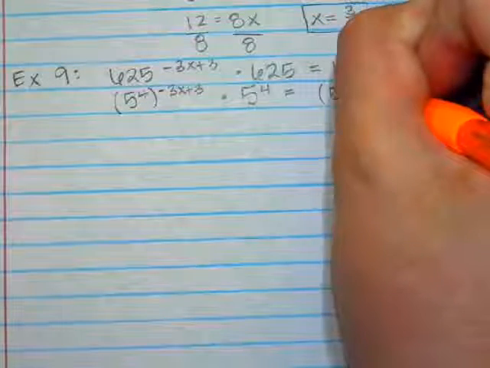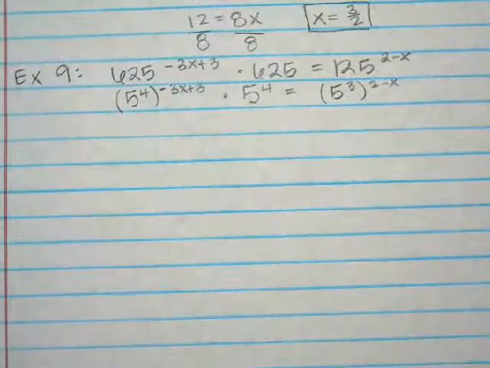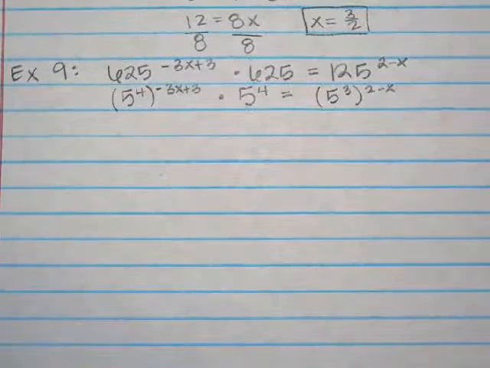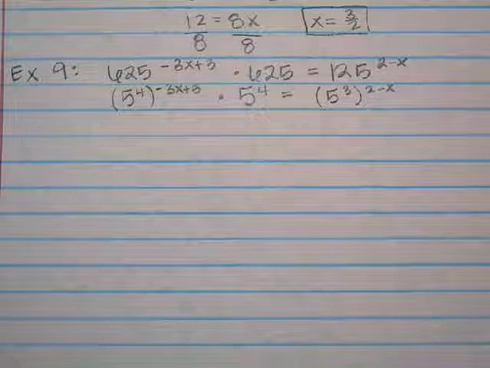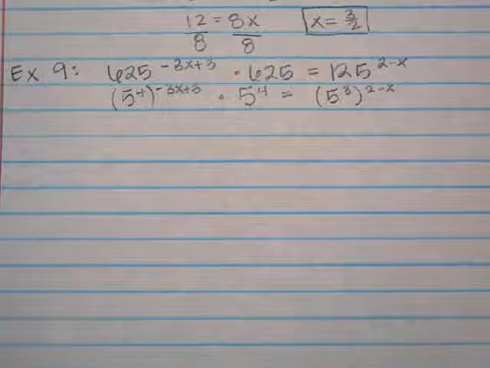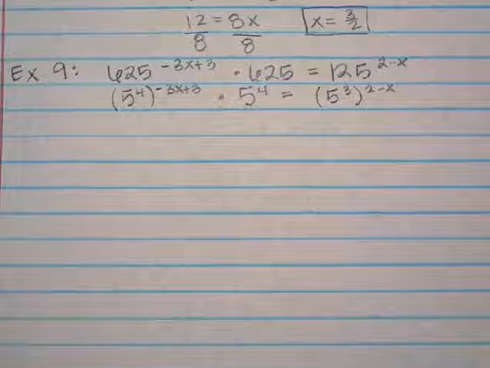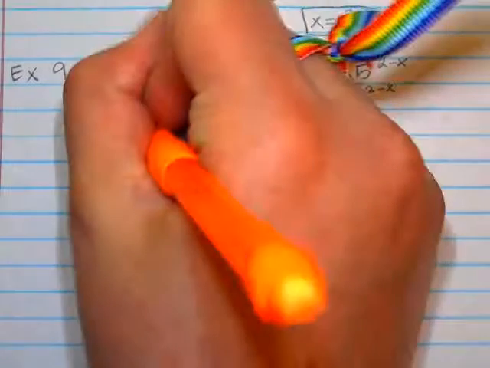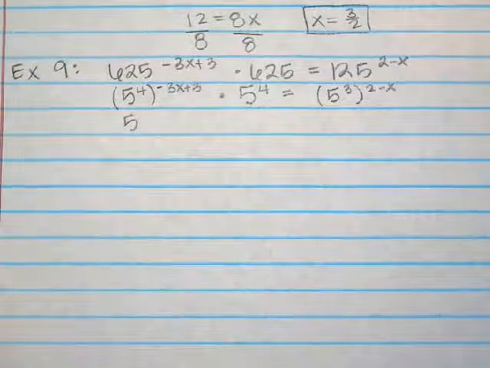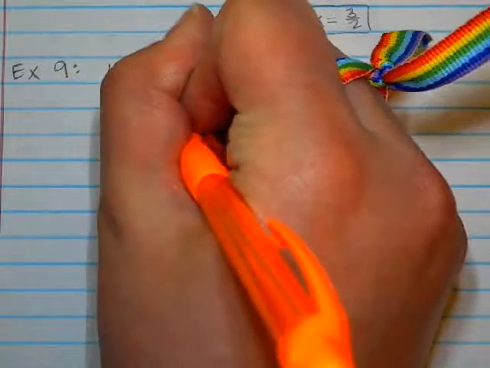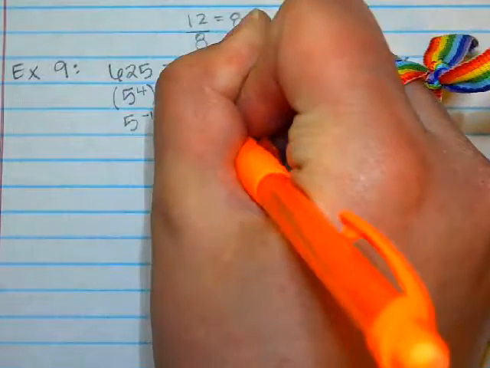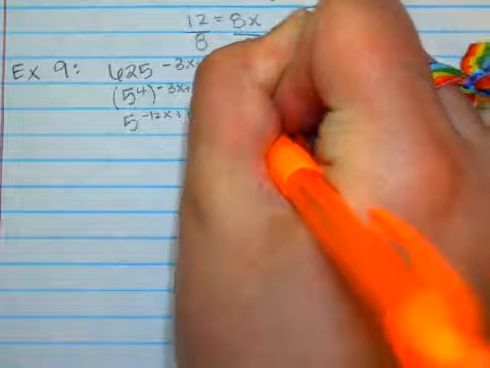Okay. All right, so the exponent raised to an exponent, we do what with again? Multiply. Okay, so we got 5 to the negative 12x plus 12.